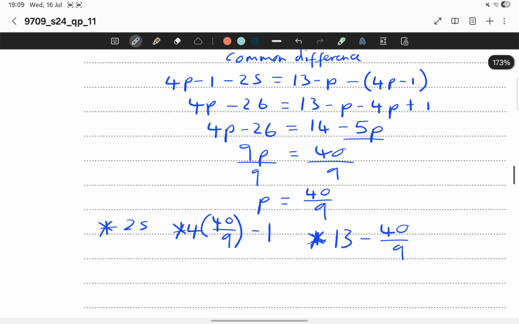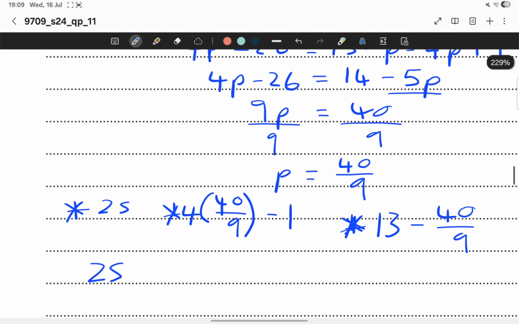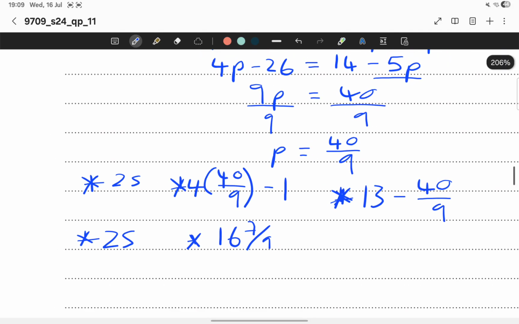These are the terms we have, and if we are to get the actual numbers, it's 4 times 40 over 9 minus 1, that's 25, then this is 16 and 7 over 9, and this one will be 13 minus 40 over 9, that's 8 and 5 over 9.